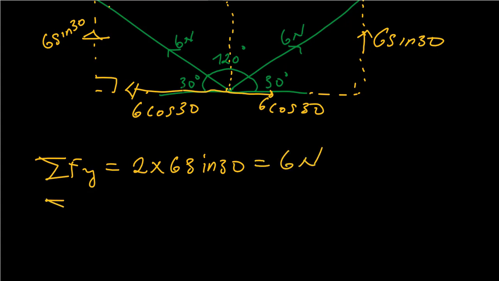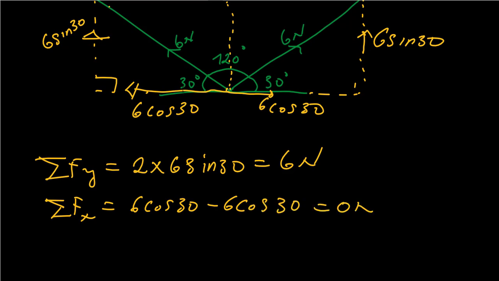Now along the x, so the sum of forces along the x, since they act in opposite direction, will be 6 cos 30 minus 6 cos 30, which is going to be 0 Newton.